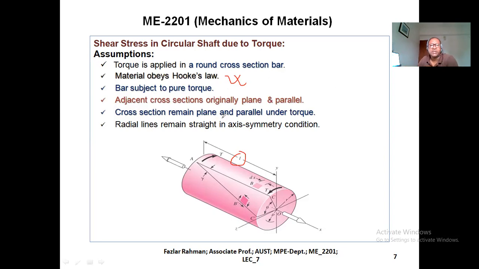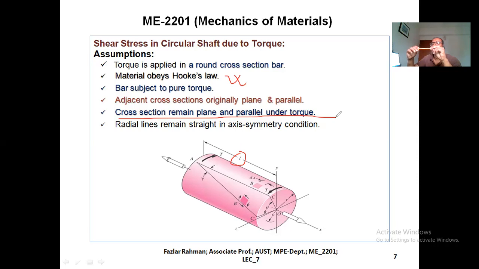And the cross section remains plane and parallel under torque. That means after you apply the torque, the cross section still remains in the plane. If I cut it, there will be a vertical plane, right? So it is saying all the cross sections will remain in a plane. It doesn't mean your cross section will become inclined.